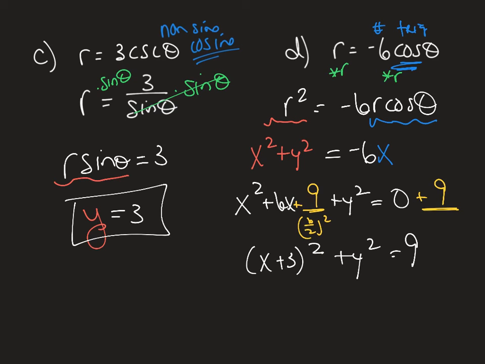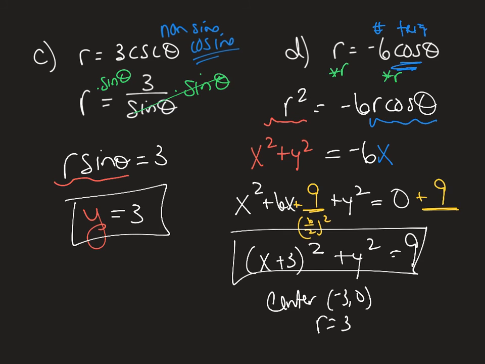So that is another circle. The center is negative 3, 0. Your radius is 3. Guys, I'm only writing that little extra bit just to show you the connection between things that we've done before and things that we're doing now. You don't have to tell me that that's a circle and where the center is and the radius.